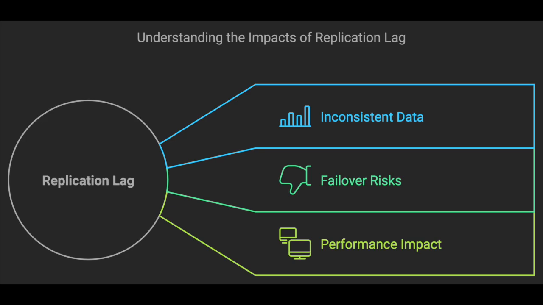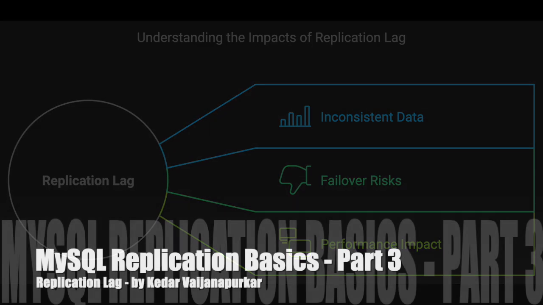Or imagine needing to fail over to that replica because your primary server crashes. Suddenly you risk losing those 5 seconds worth of transactions, potentially even more. So we're talking about data consistency, user experience, and even disaster recovery. That's right.